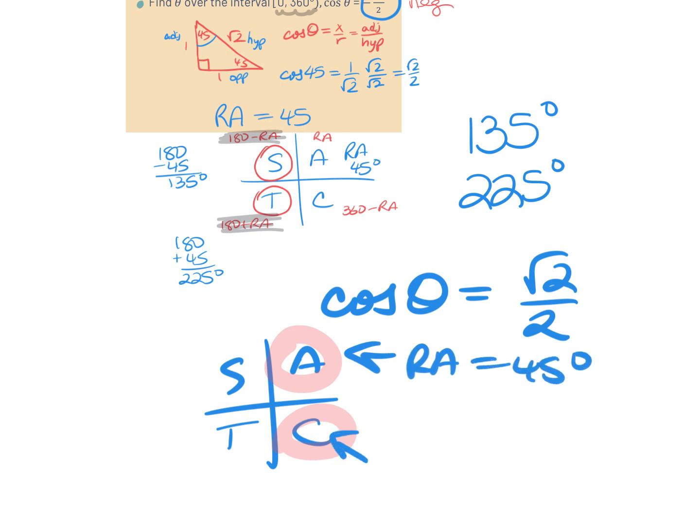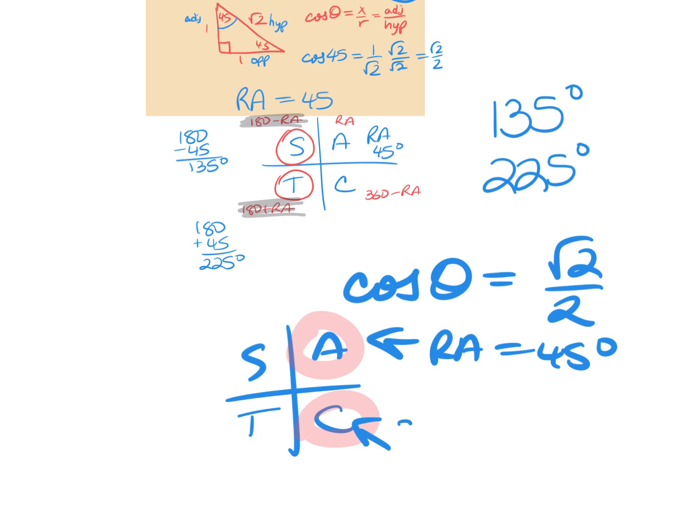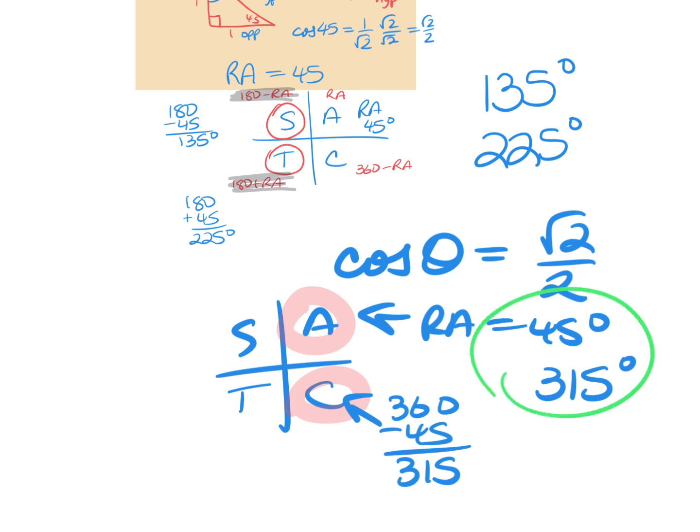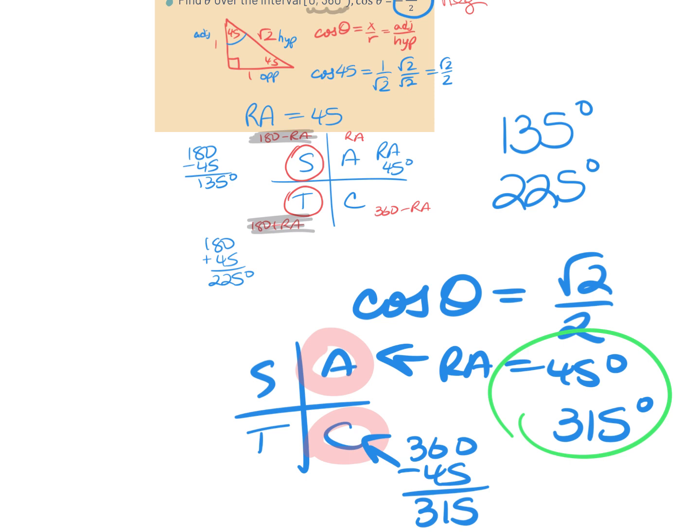And then to get the angle from quadrant 4, I do 360 minus 45, and that angle is going to be 315. So when it's positive square root 2 over 2, the two answers are 45 and 315. So you have to figure out which quadrant it's in, and then you're going to do the calculations.